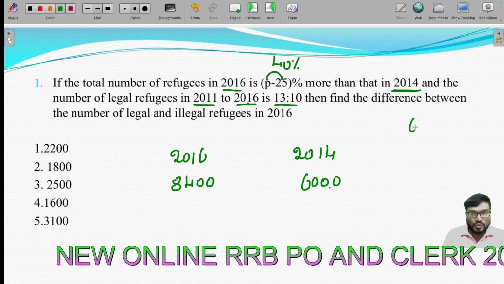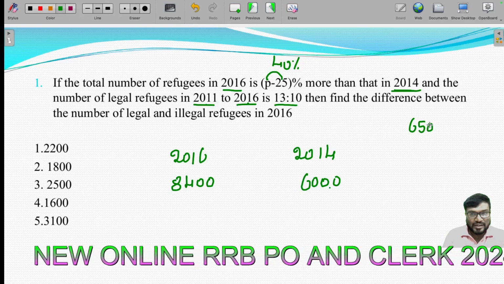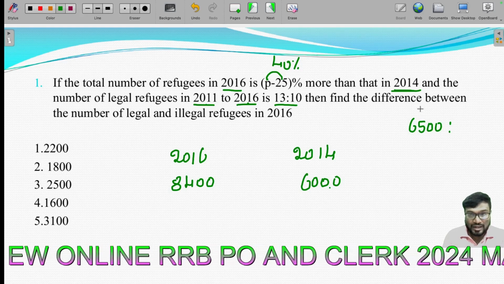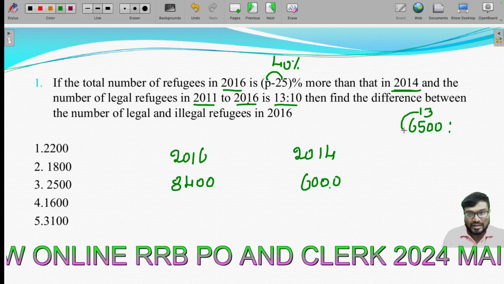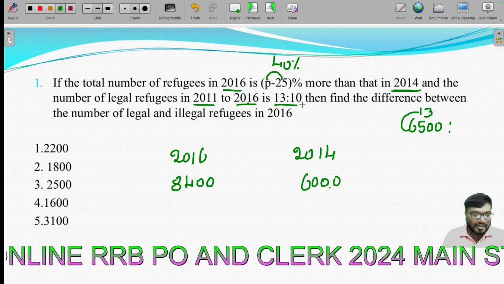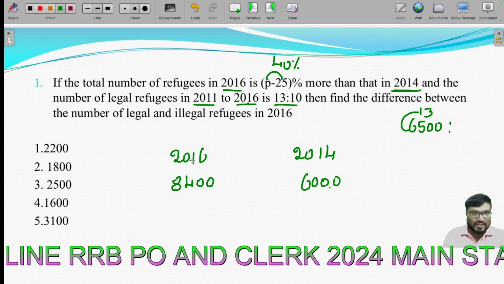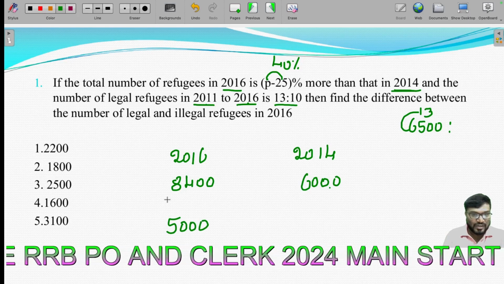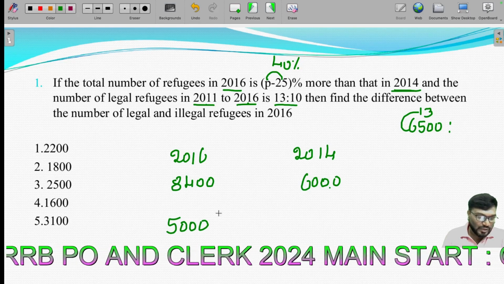Then in 2011, that is 13 parts is equal to 6500, 1 part is equal to 500, then 10 parts is equal to 5000. Then in 2016 we have total legal refugees 5000, then illegal will be 3400.